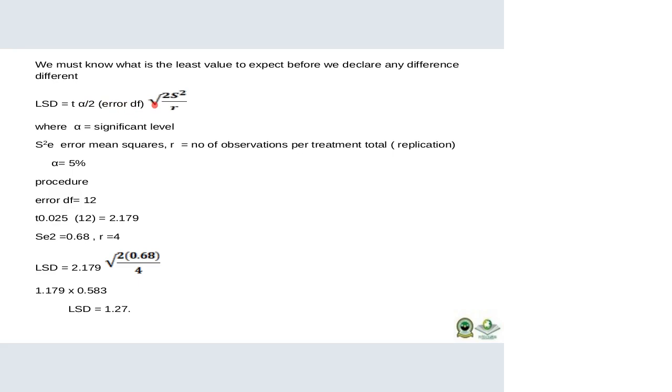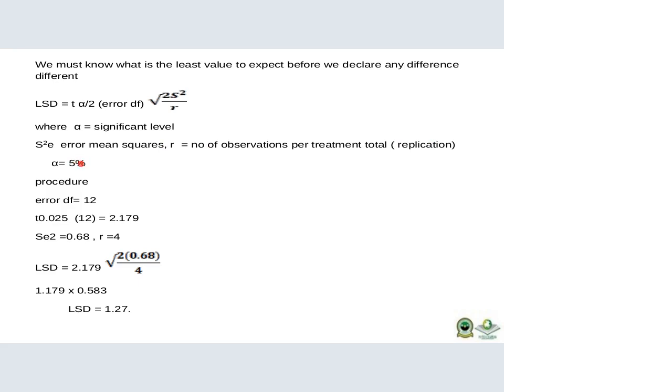And we have the error mean square, 2 times S square all over the number of replicates. We have our alpha equal to the significance level, the mean square error, then the number of observations per treatment, that is replicates.